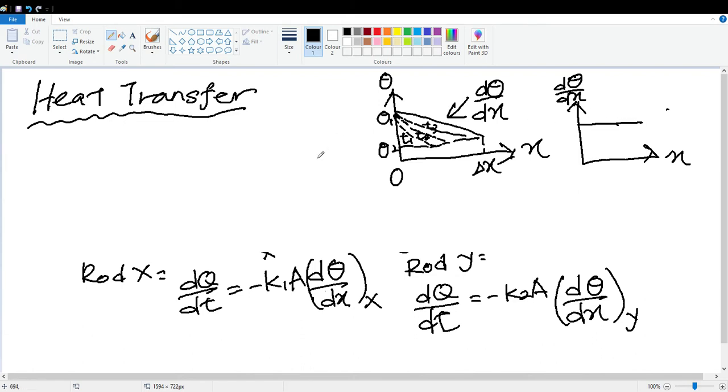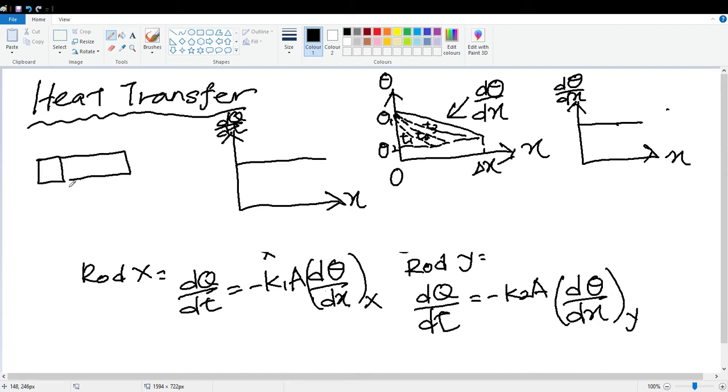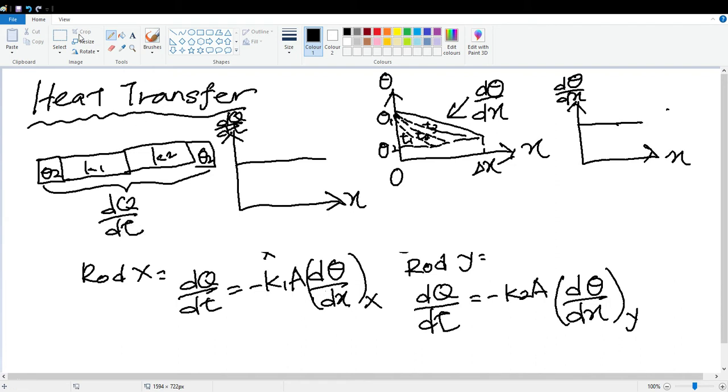So it means that my rate of heat flow is also equal at every point, whether the object is in theta 1 or k1, k2, theta 2, theta 1, all of them here, the rate of heat flow is actually equal, which is dQ over dt.